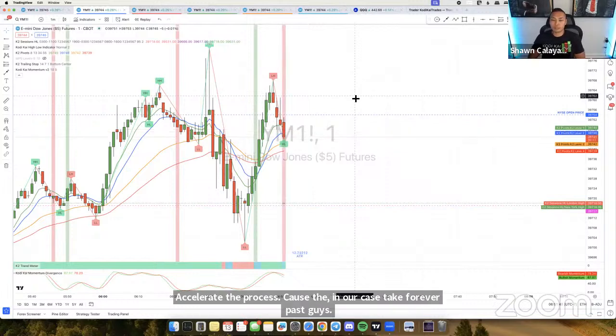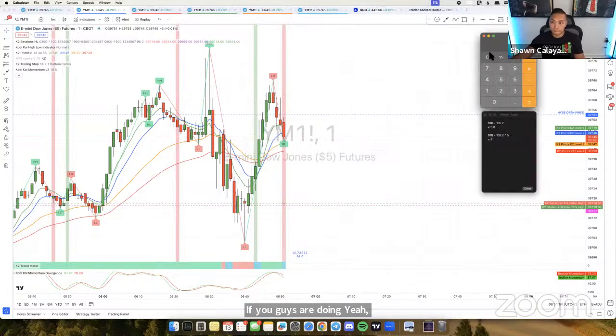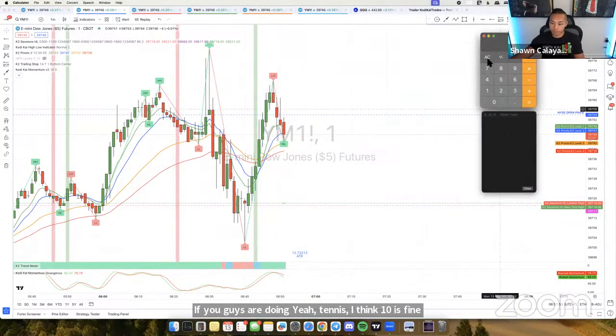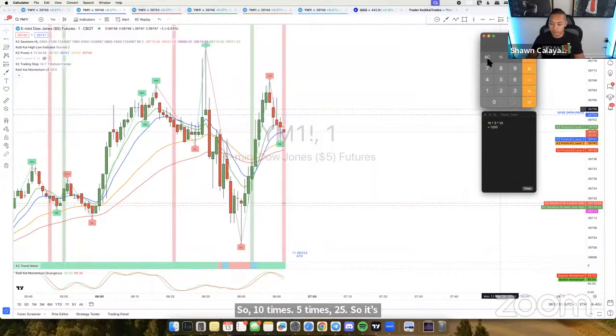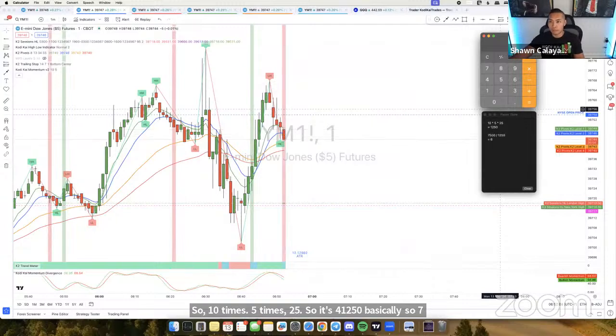I think 10 is fine because, if you do the math, 10 times 5 times 25 is 1250 basically. So 7,500 divided by 1250, you have double the opportunity for risk.